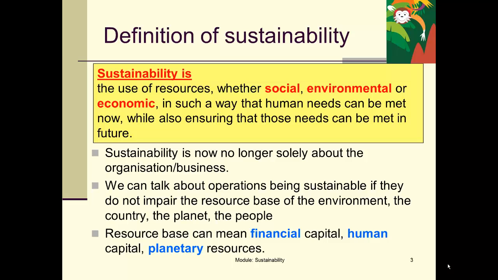So if we're talking about impairing or maintaining or sustaining the environment, the country, the planet, people in general, then the stakeholders need not just be direct financial stakeholders, but people who have a different stake in the organization. For example, our grandchildren. Do we leave them a planet that is better or worse off than the one we inherited? So, who we are when we say impairing our resources is different.